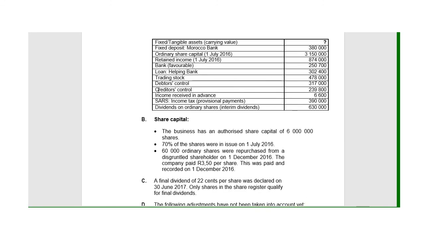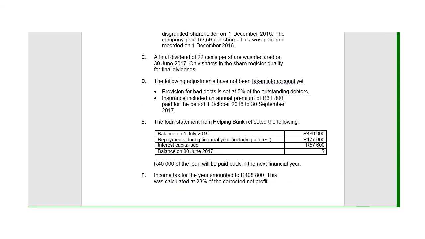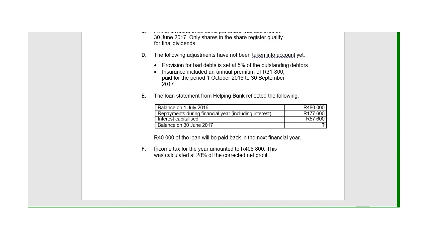If I look at the information there, there's nothing to do with the net profit in there. Go through the notes under F. They give me the income tax. They don't give me the profit, but they give me the income tax. So the net profit after tax, if I've got the tax, I can then calculate the net profit as well.